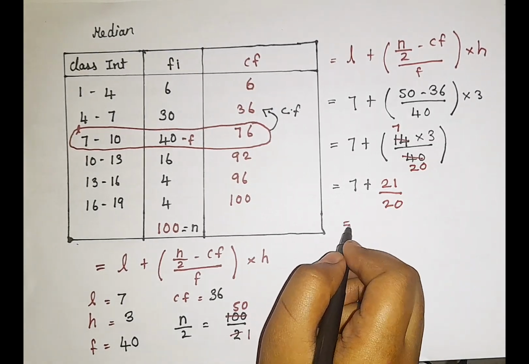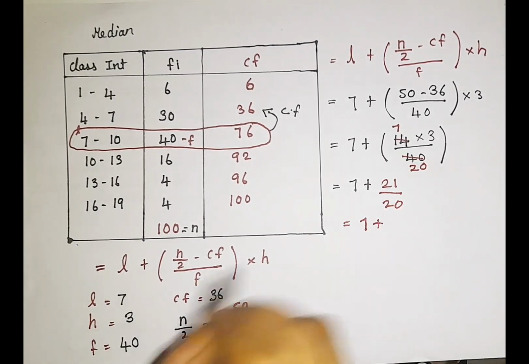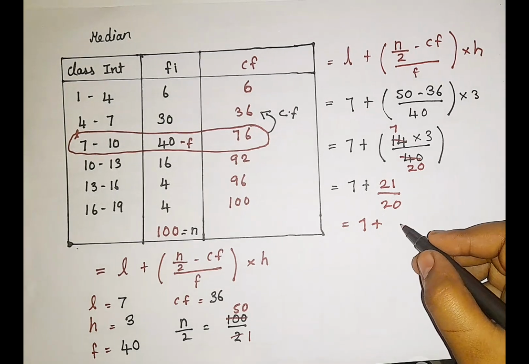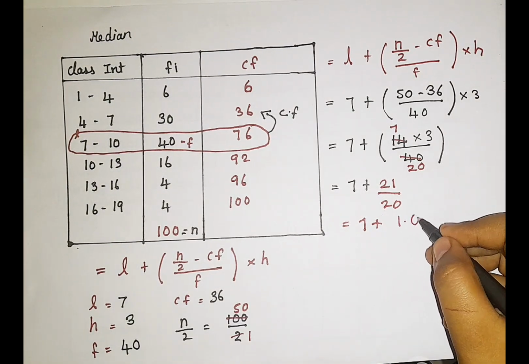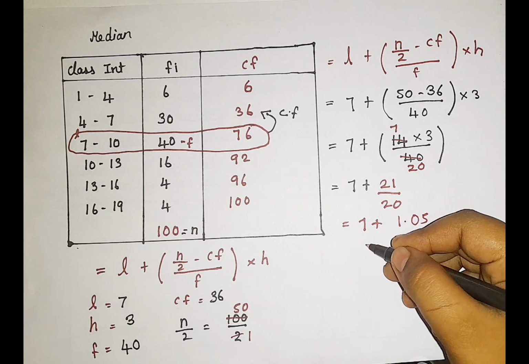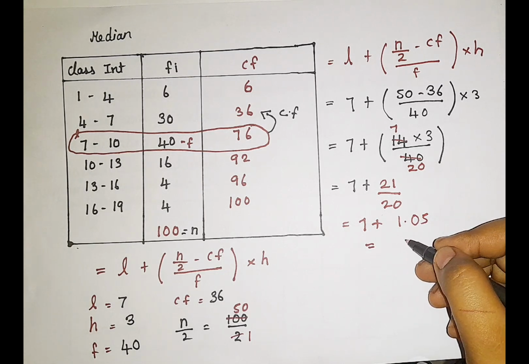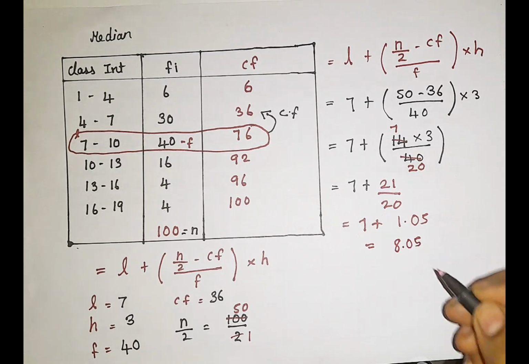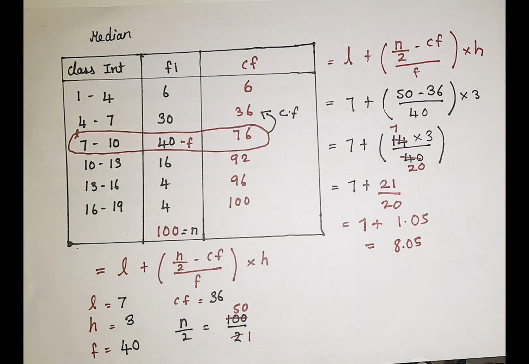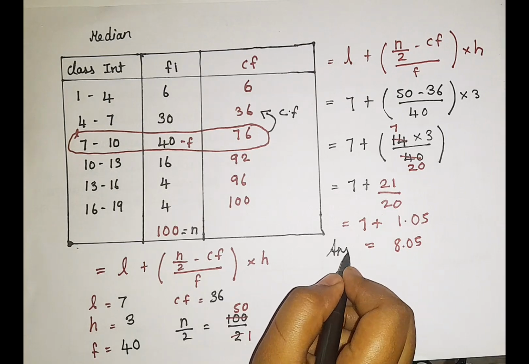So it is equal to 7 plus 1, yeah, 21 divided by 20 is 1.05. Then it is equal to 7 plus 1.05, which is 8.05. So this is going to be our answer for median.